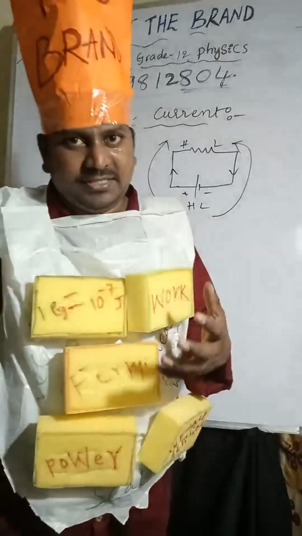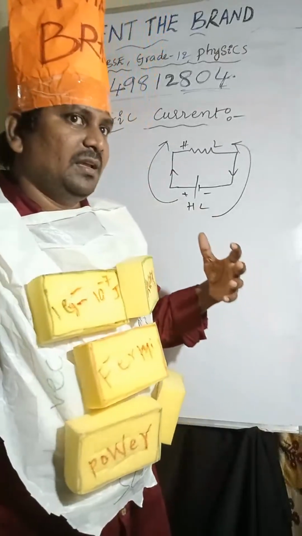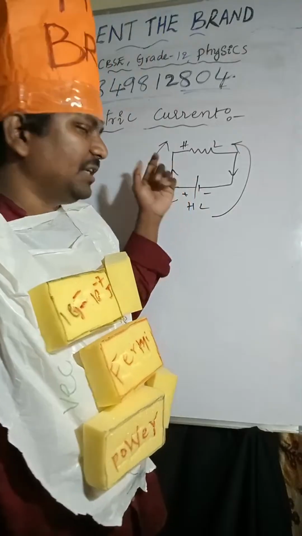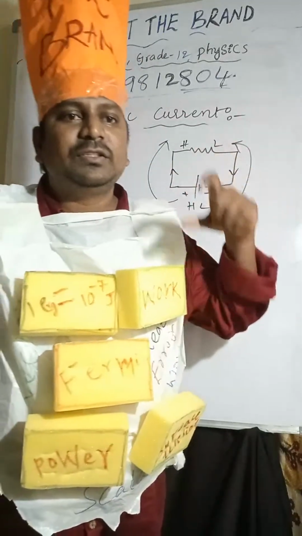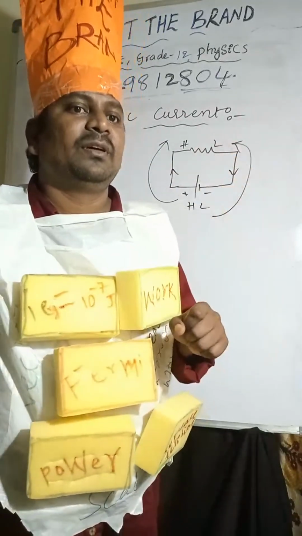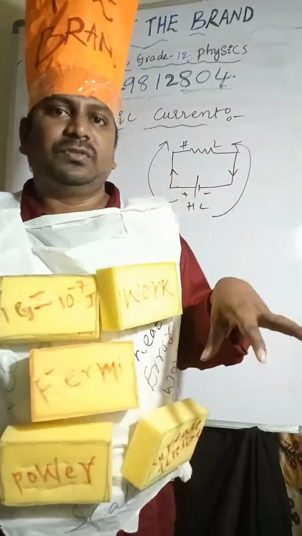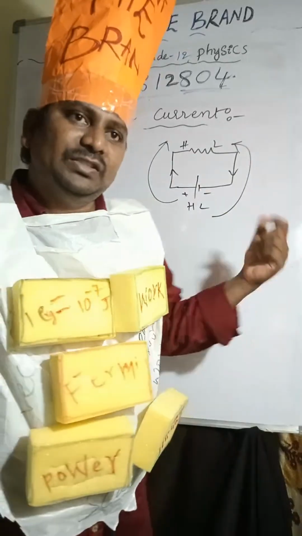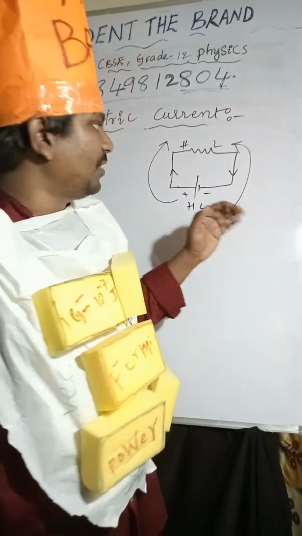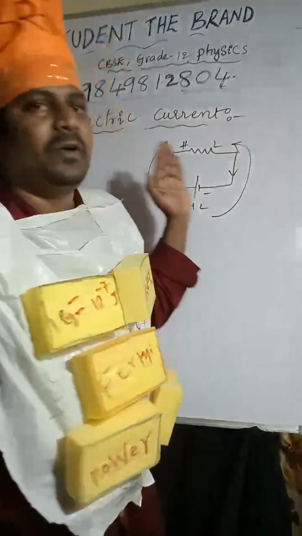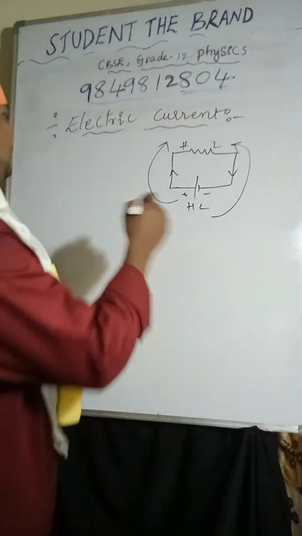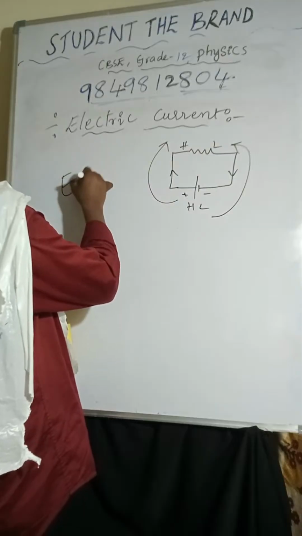The influence which makes the positive charge move from the negative terminal to the positive terminal in the cell is called EMF, electromotive force. The work done by the battery on the positive charge to move it from negative terminal to positive terminal is called EMF. So EMF is E equal to W by Q.